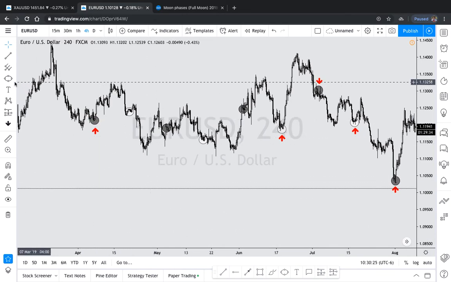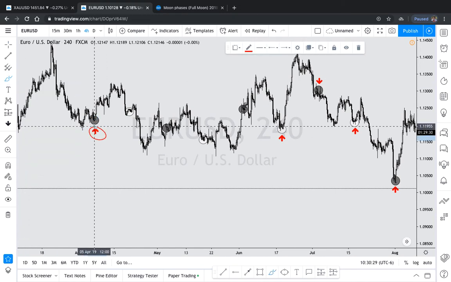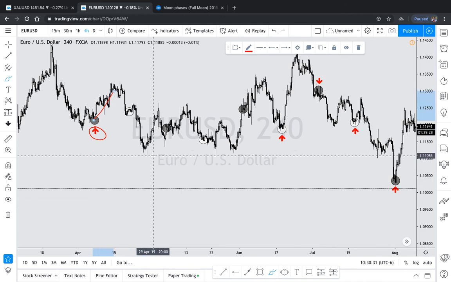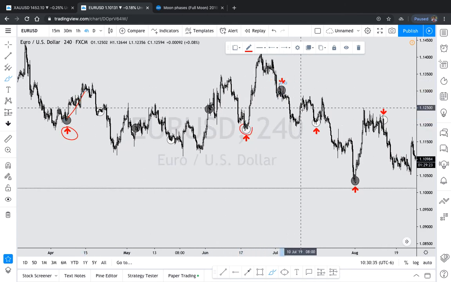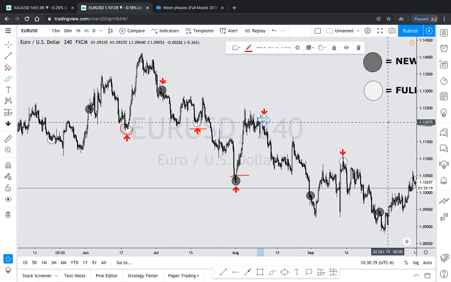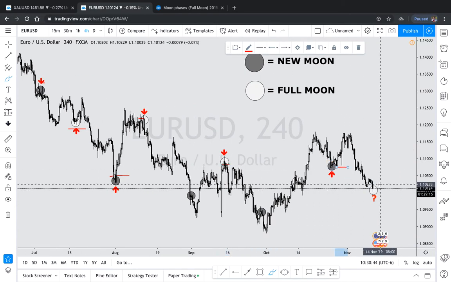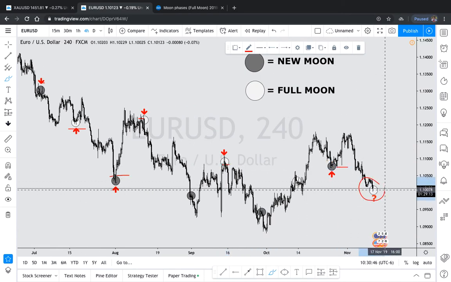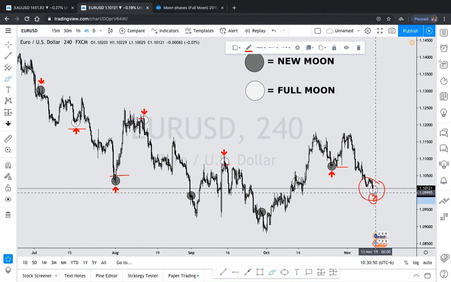And as we can see, right here's one of them. We can see that new moon shoots the market up. Another time, 3, 4, 5, 6, 7, 8, and then obviously we are right here, November 12th. That big question mark of what is going to happen in the markets.